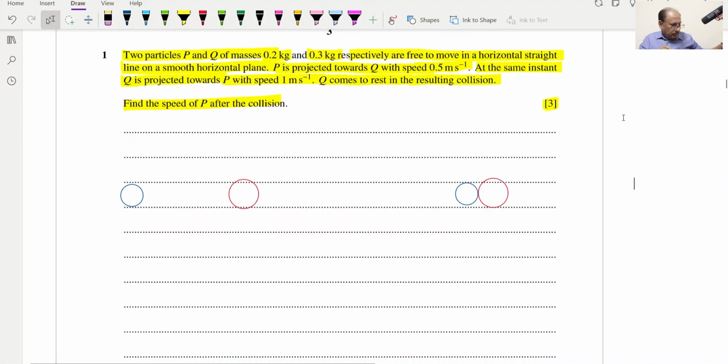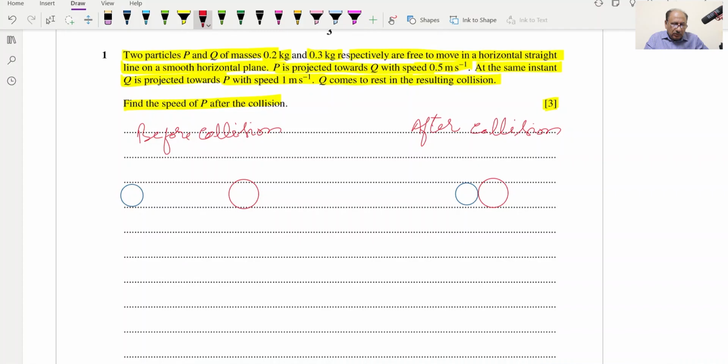So now we can understand this is before collision, and this one is after collision.